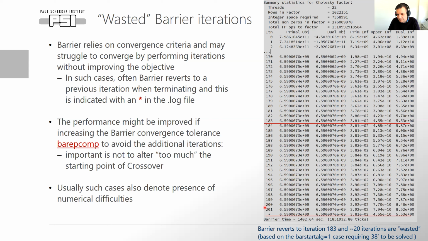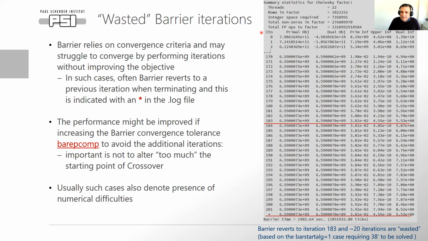We can avoid them, because in the end, even if it took all this time to do these additional iterations, it chose, in this example, iteration 183. Usually when we have this type of thing, it can also indicate the presence of numerical difficulties, but I will not deal with that. I will just deal with how we can avoid these wasted iterations.